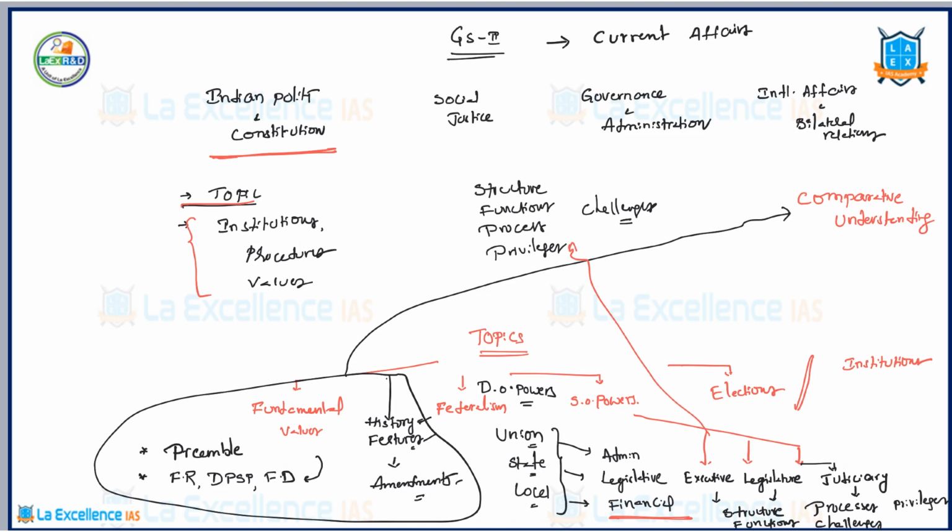The next part is elections. When we go to the elections, we have a system in place. So, what is the nature of elections? Any election we talk about, universal adult franchise in India, especially for direct elections. This universal adult franchise talks about who can be the voters and who can be the contestants.